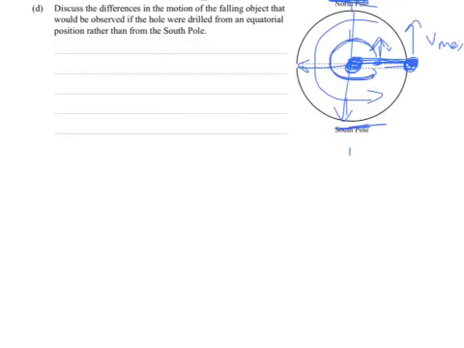So your linear velocity is less, so v is less the closer to the center you go. Now what that means is you're going to start off with a larger velocity, so you'd be moving faster in a linear direction than when you go down the hole.